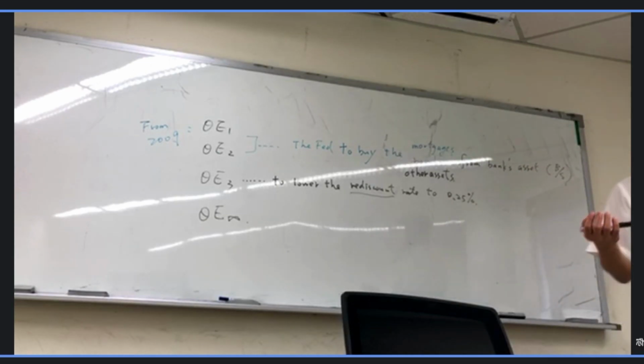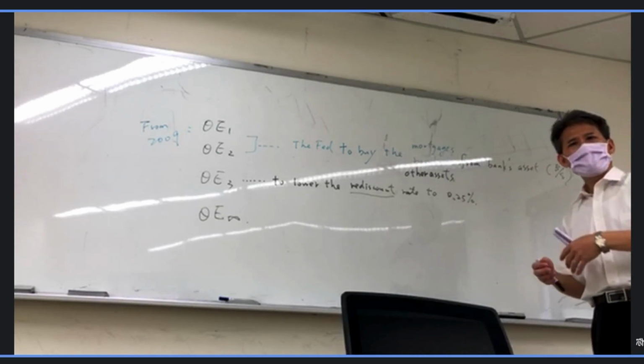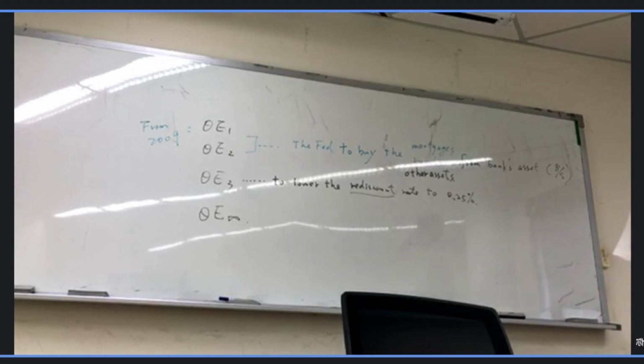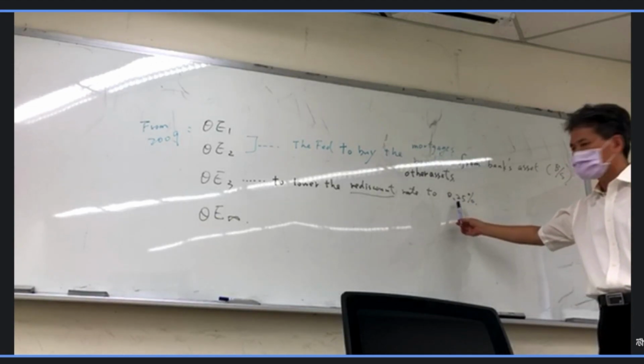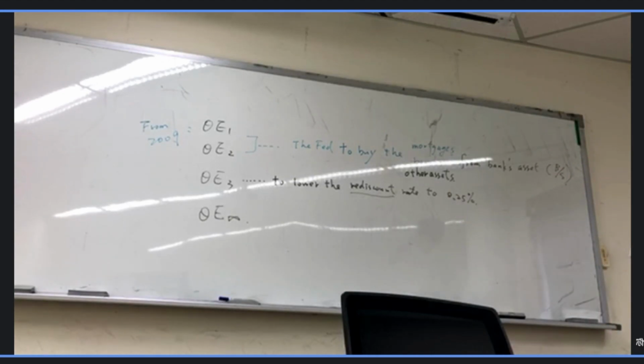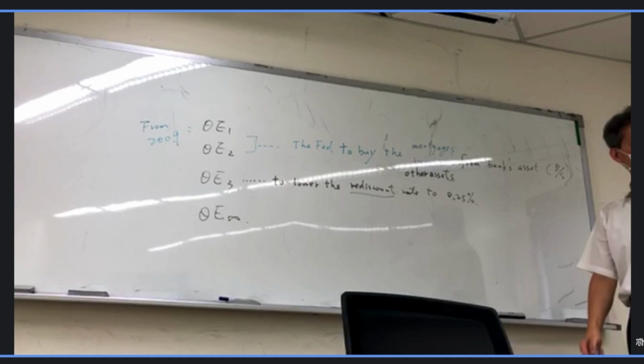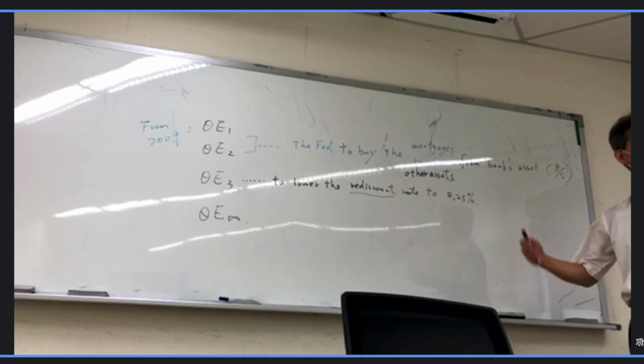That means if the bank lends out at 2%, the bank is paying only 0.25%, and the bank is earning 1.70%, which is a very good deal, a very lucrative business.